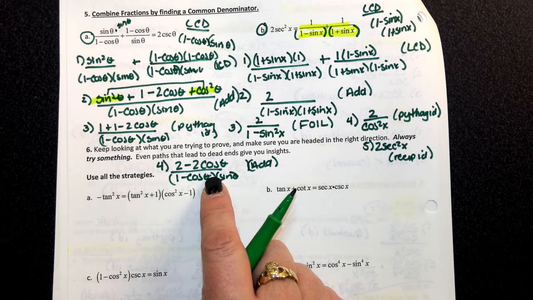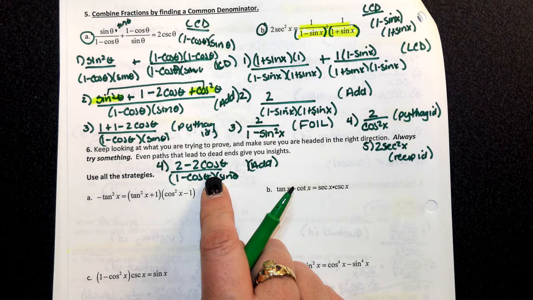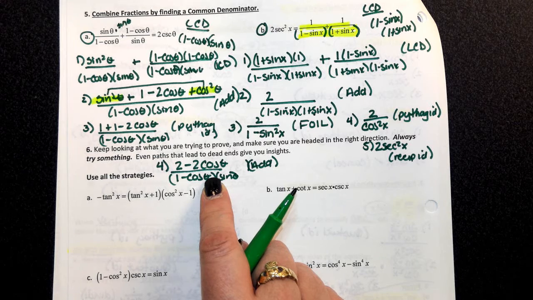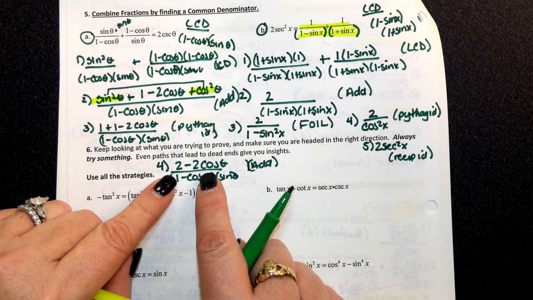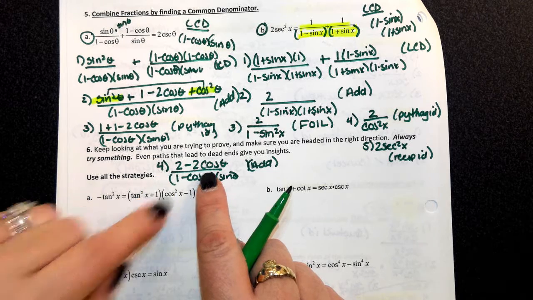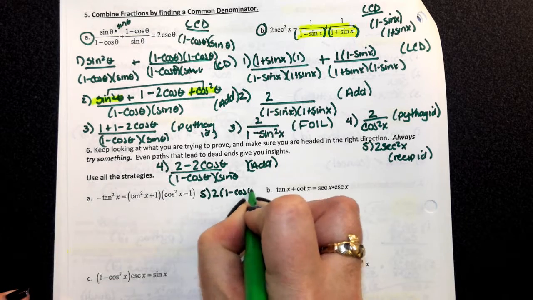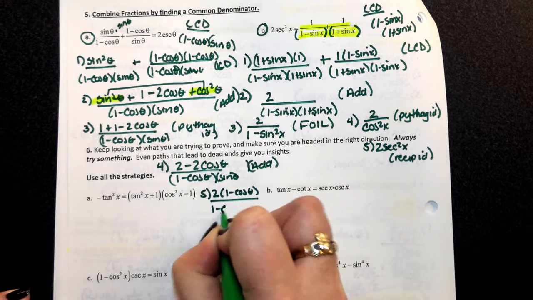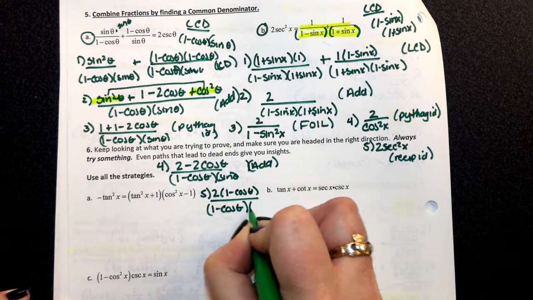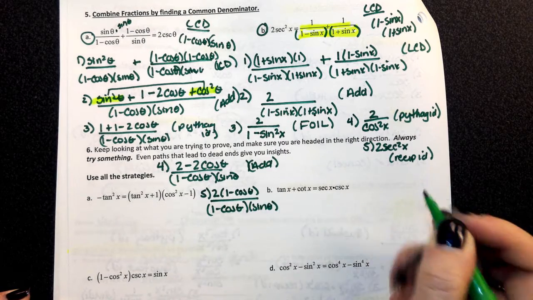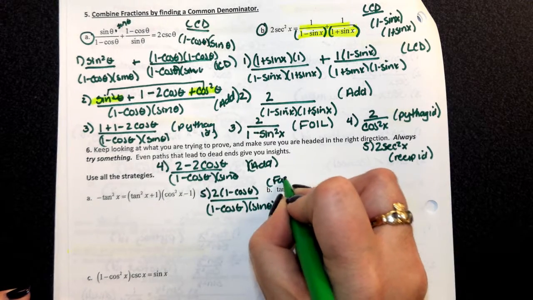So now, remember, after you get done adding fractions together, you always want to make sure, if you can, to simplify them. So remember from algebra land, you always try and simplify by factoring. Is there something you can factor out of this numerator? Is there a GCF you can pull out? 2. And this I just did a factoring.